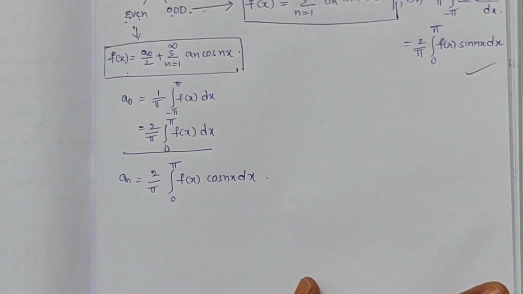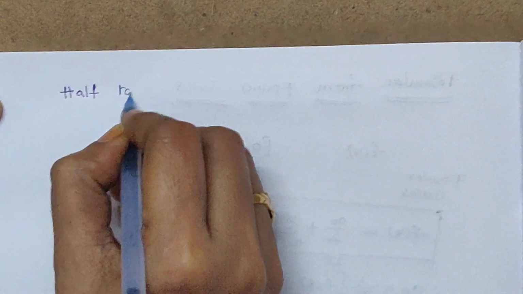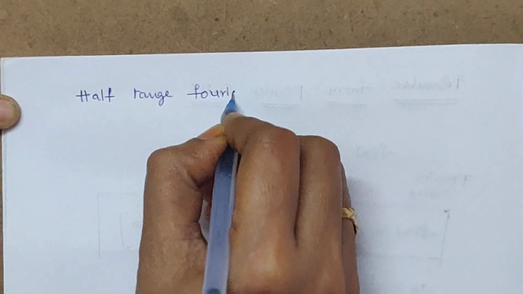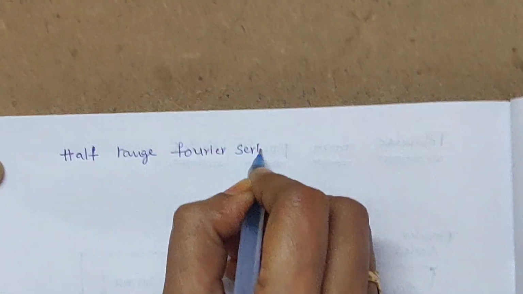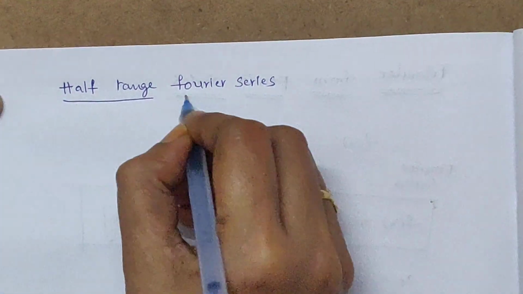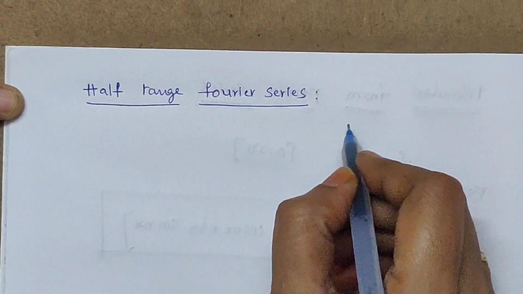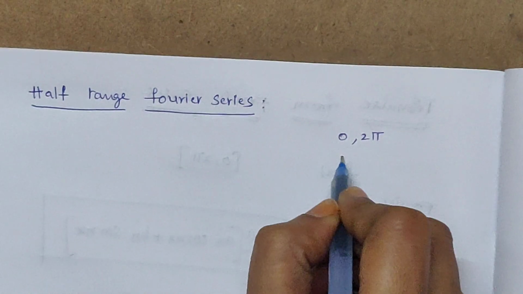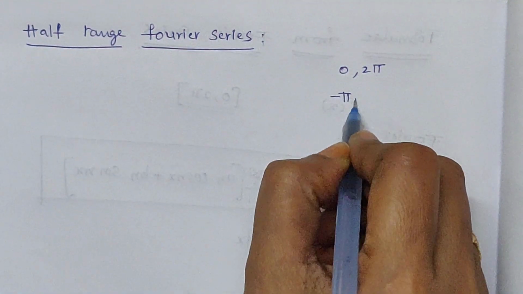And the next one is half range Fourier series. Half range Fourier series means clearly, in the previous session the intervals were 0, 2 pi and minus pi, pi.